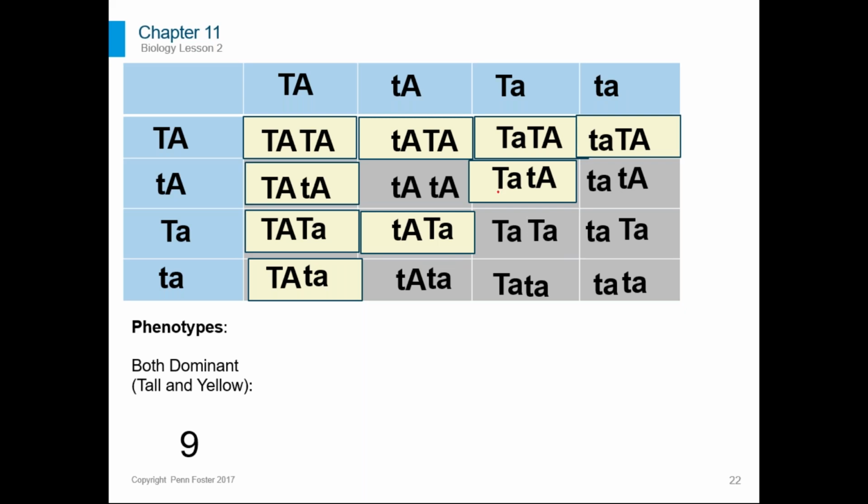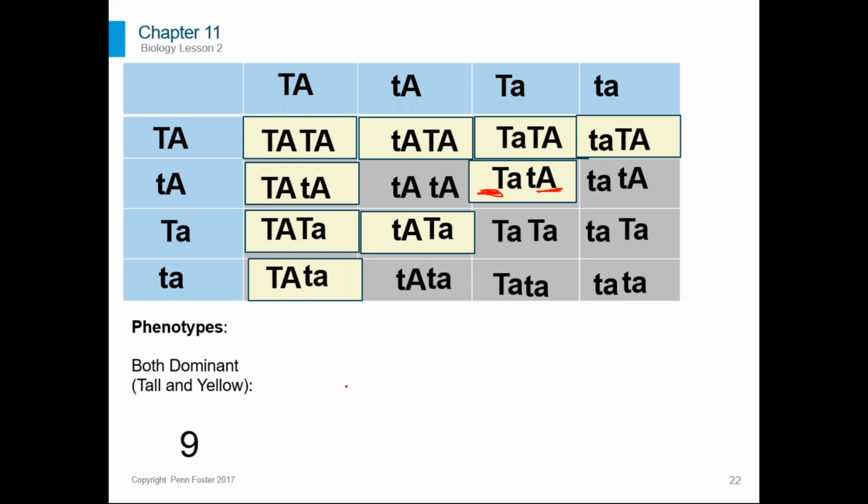Remember, these are the dominant traits, so they only need one. You only need one capital letter for color to get yellow, and you only need one capital letter for height to get tall. So there's a total of 9 of these that have that.